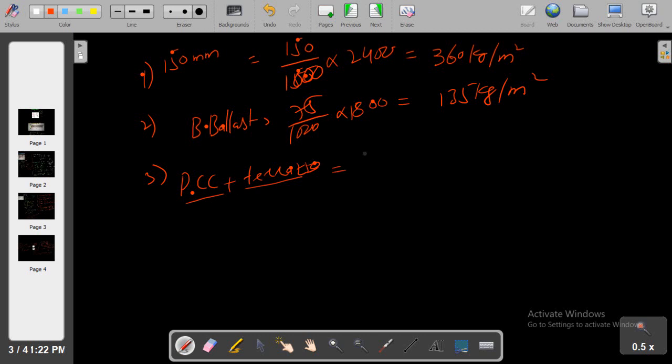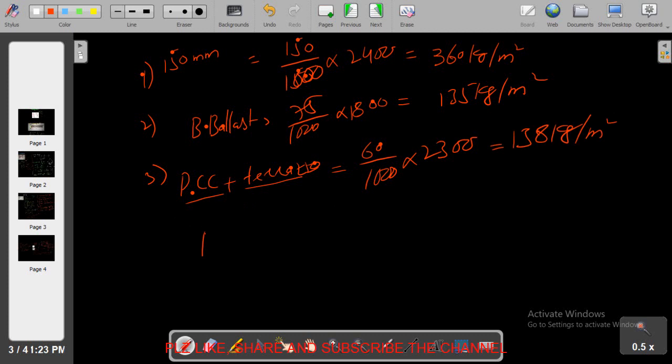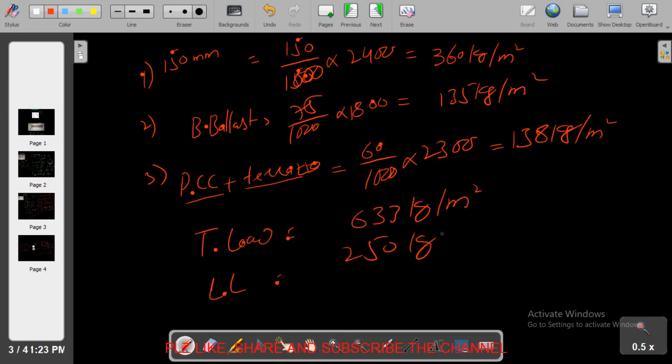So combining the thicknesses of both layers, that is 60 divided by 1000 multiplied by the density, that is 2300, this is the PCC density, and it comes out to be 138 kg per square meter. The total dead load of all these loadings will be 633 kg per square meter, and we have the live load, that is from the table, 250 kg per square meter.